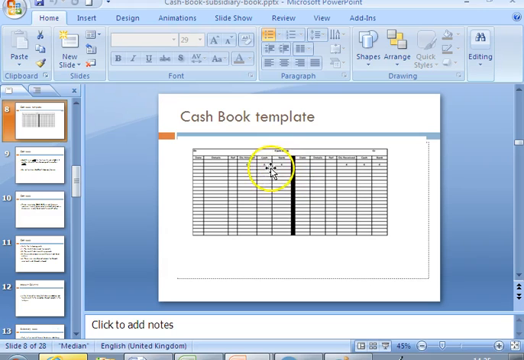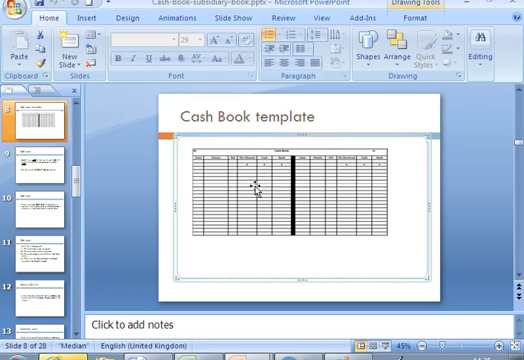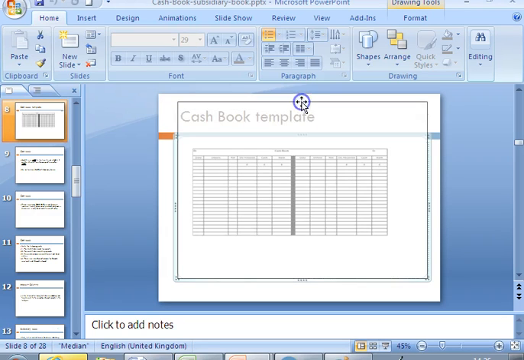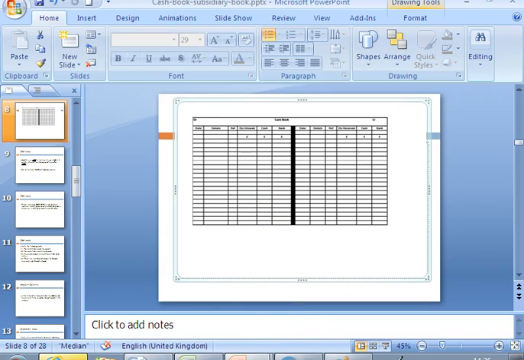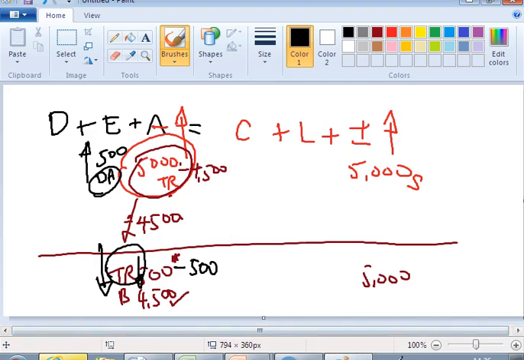You don't put 5,000 in there, you put 4,500, and the discounts allowed column, it's not very big. I'm going to try and make that bigger. Let me see if I can expand that. Still not very big. I'll draw one up right now so we can just see what's going on with that.